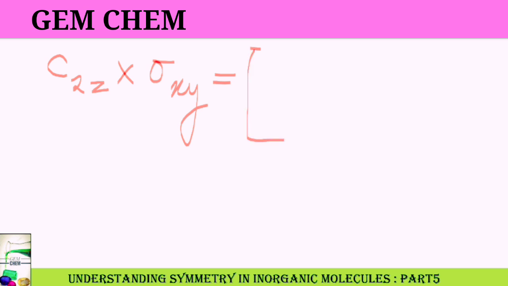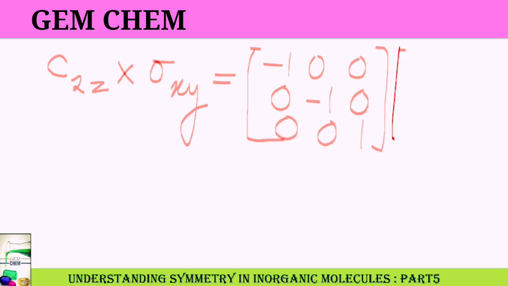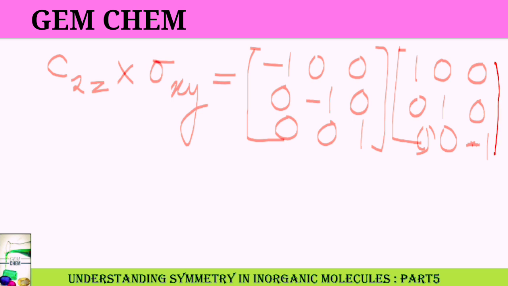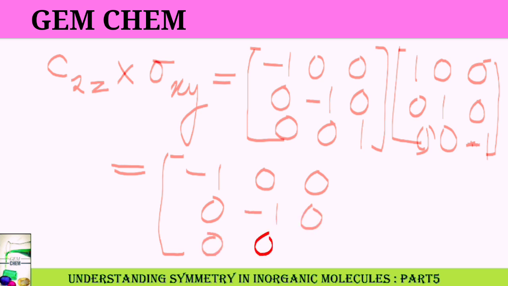Start writing -1, 0, 0, 0, -1, 0, 0, 0, 1. And for sigma xy it is 1, 0, 0, 0, 1, 0, 0, 0, -1. So now on multiplying, what we get is -1, 0, 0, 0, -1, 0, 0, 0, -1.